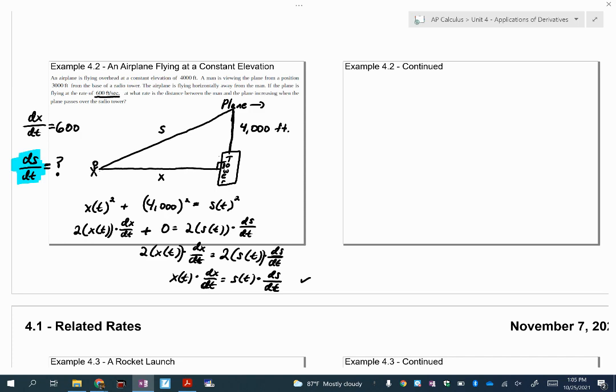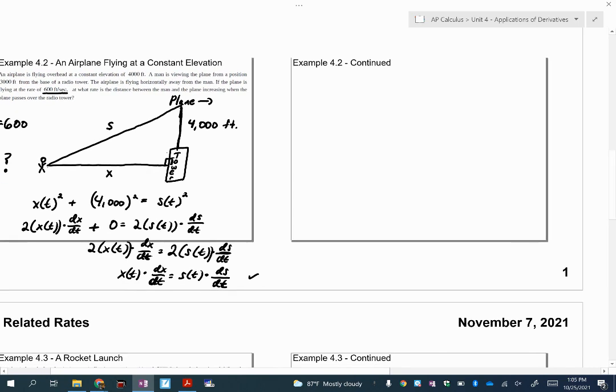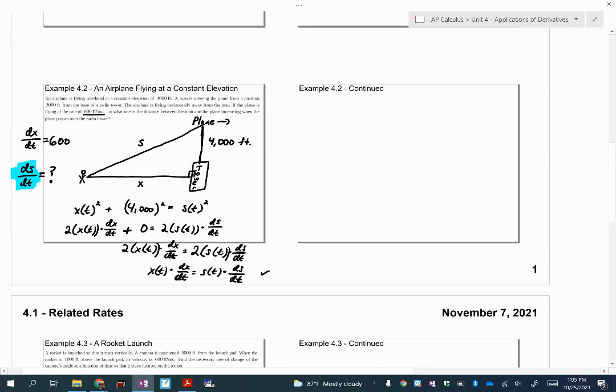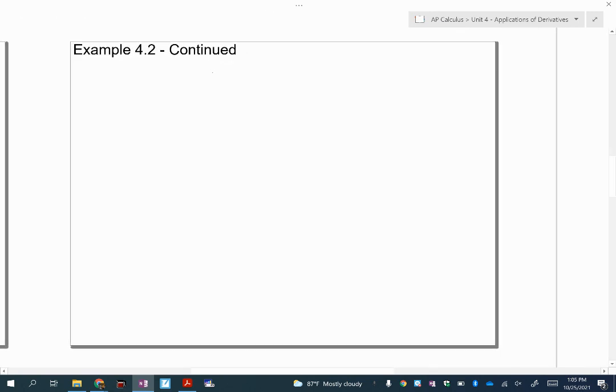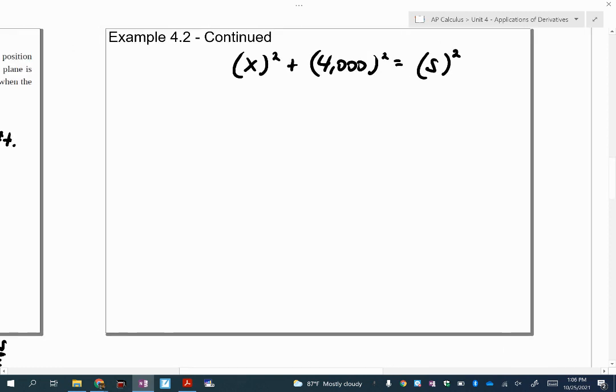So what I'm going to do is take a brief moment and move to the side where I'm going to write down x squared plus 4,000 squared equals s squared. And I'm going to solve for s when x is 3,000. So we have 3,000 squared plus 4,000 squared equals s squared.